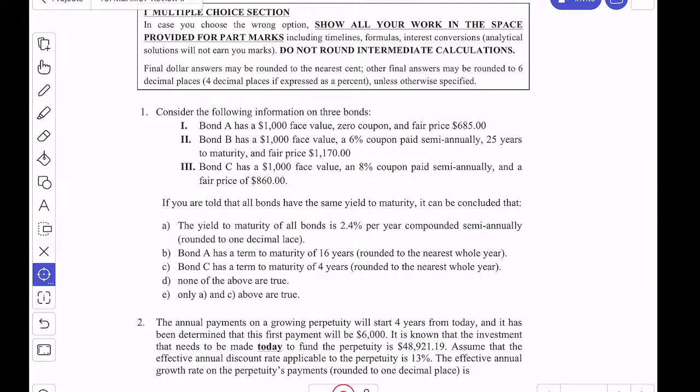So what you can find here, you need the year, right? So this is missing year. And B has 1,000, and you're also missing, okay, you're told here about the yield to maturity, right?